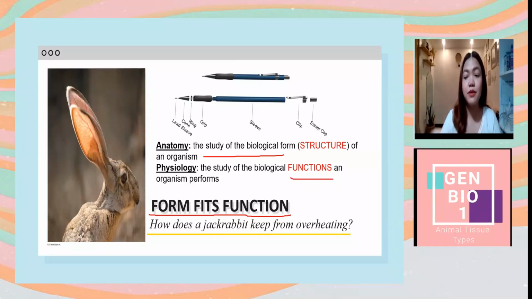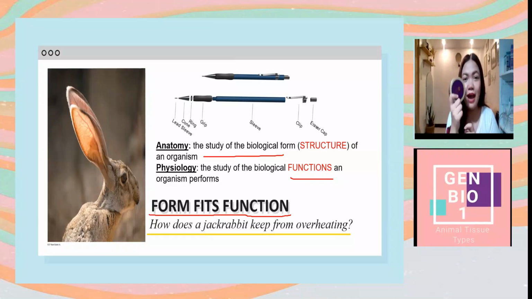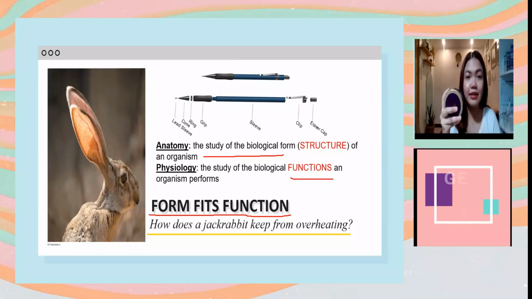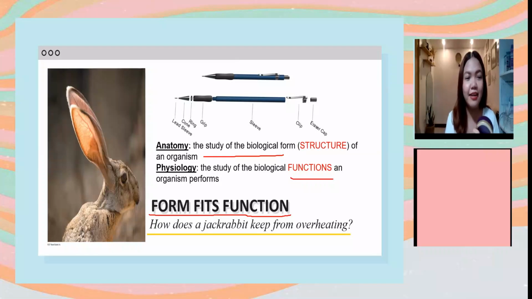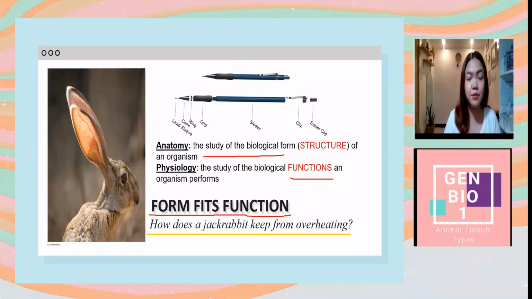So what will happen if we have a different form for your mechanical pencil or any writing tool? It would be really hard for you to grasp it and to write, right? That's why the form is important in order to do its function.